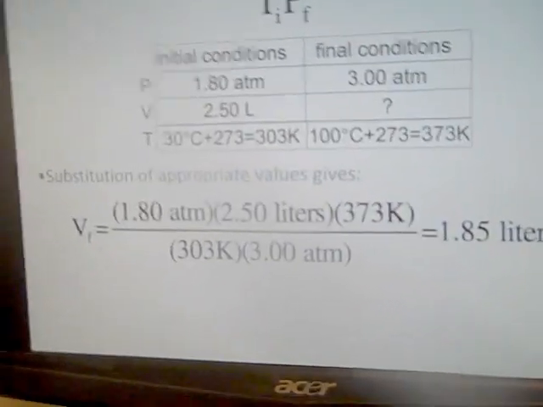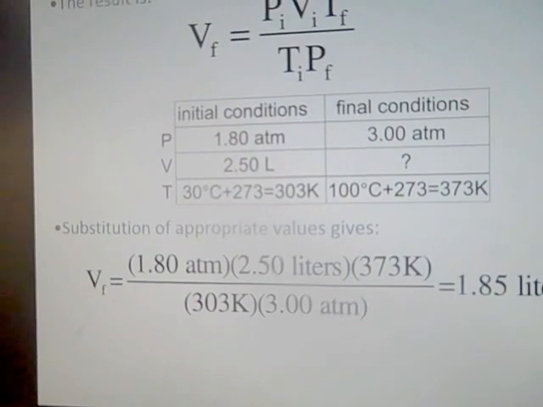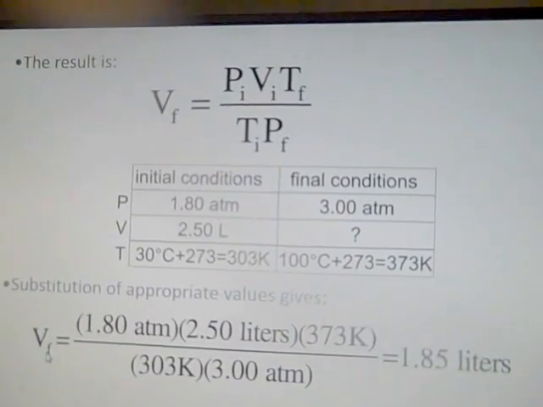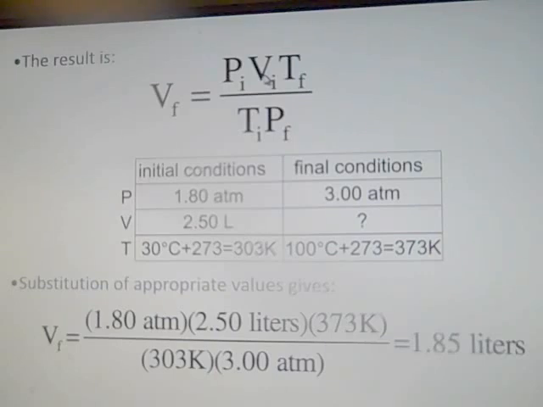V sub F is the unknown here, and that's the same equation that I sketched out on the marker board. We have P sub I, V sub I, T sub F. So what number goes here? This is the P sub I. The volume goes there. And then the final temperature, that's this one right here, that goes right there.